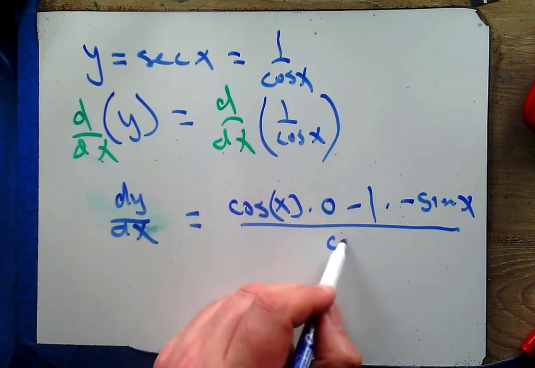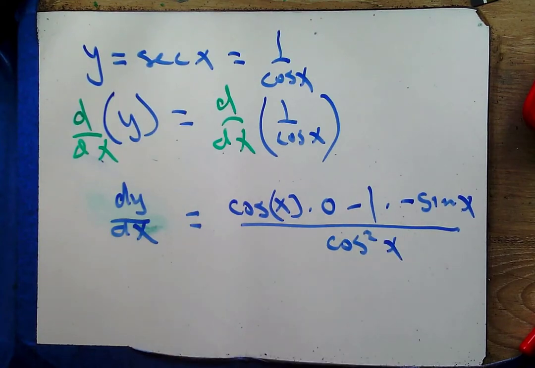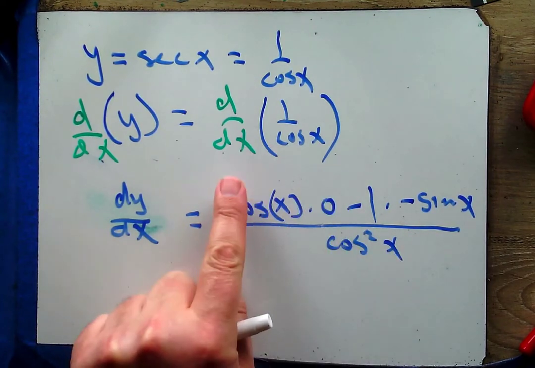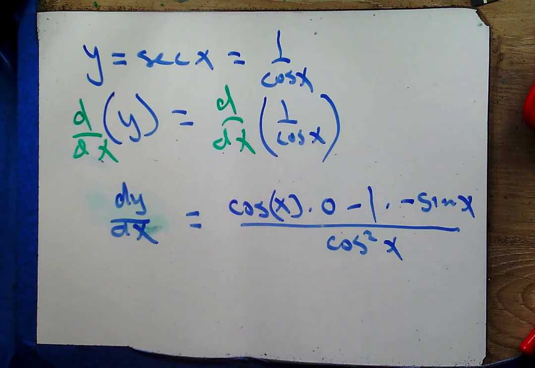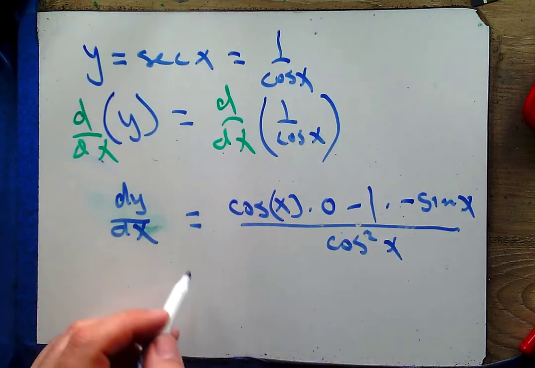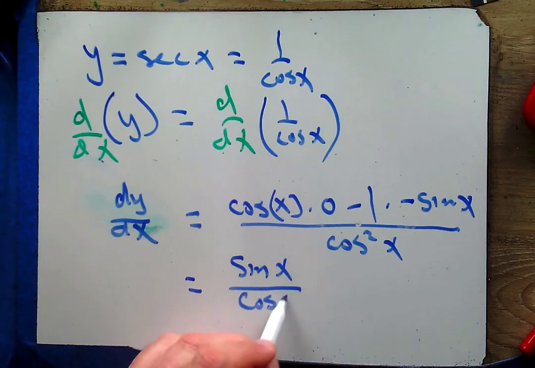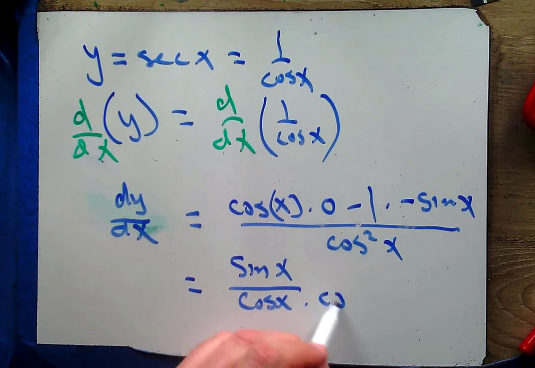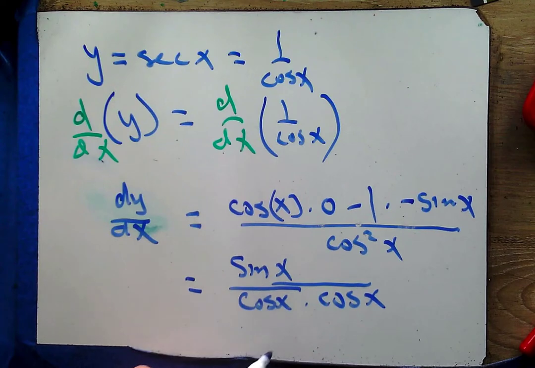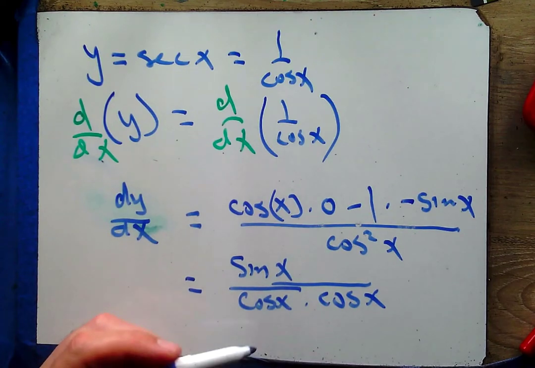all over low squared. Well, 0 times cosine makes that go away. And minus times minus is plus. So I have positive sine x over cosine squared x, which I choose to write like that. How come?